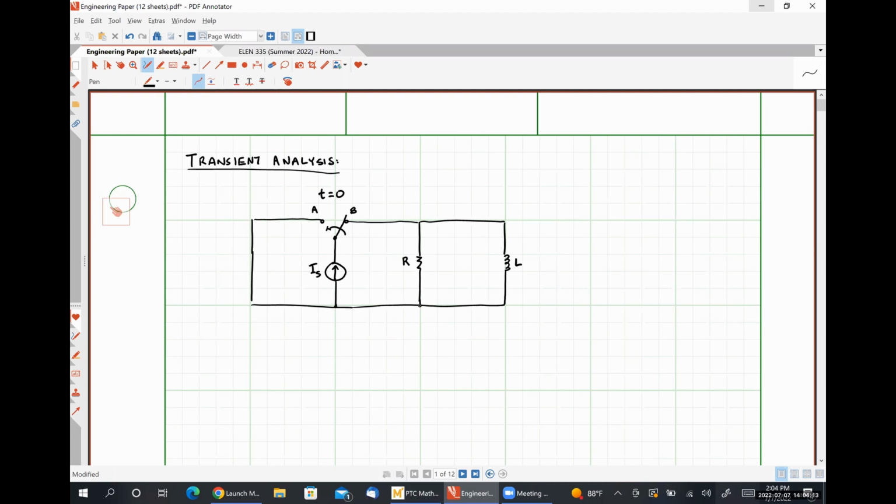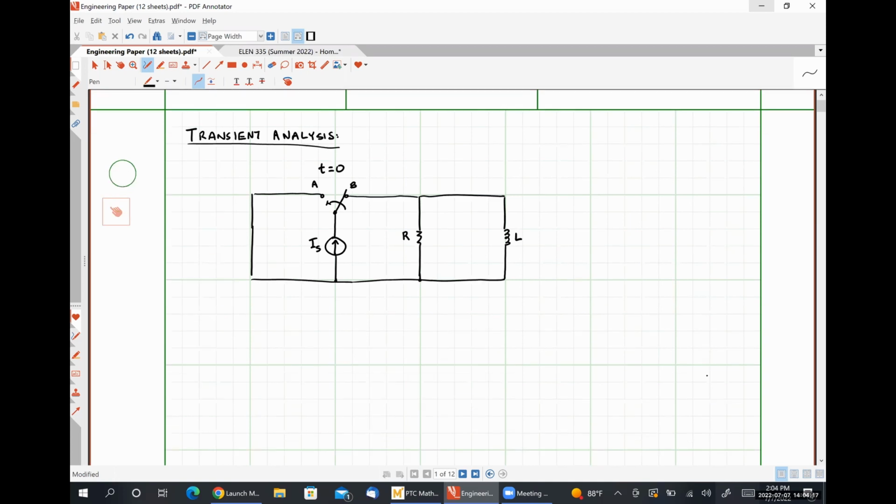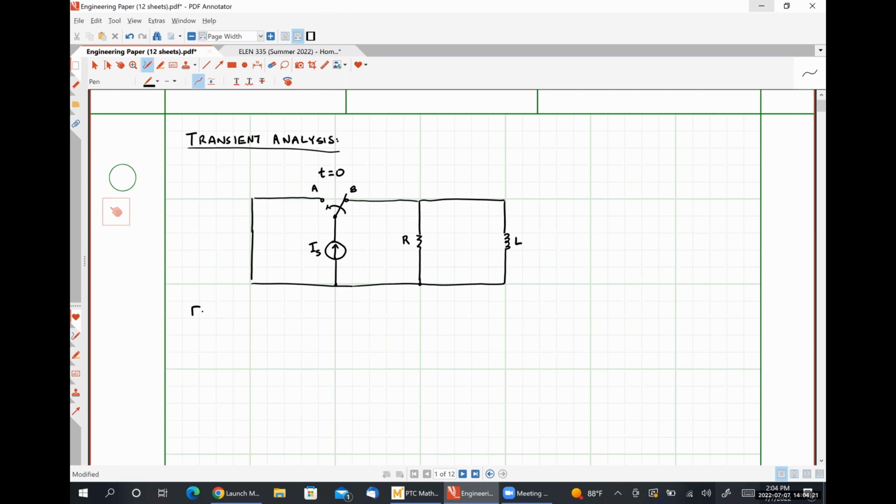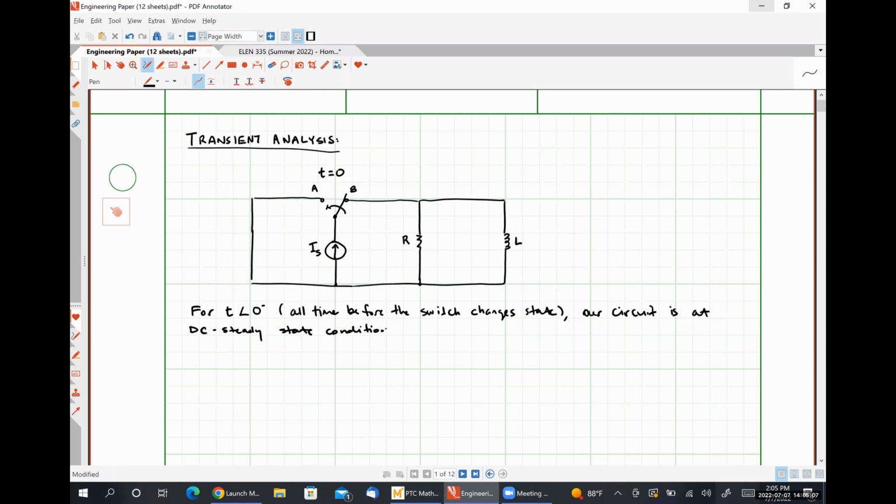So for t is less than 0 minus, which we'll say is all time before the switch changes state, our circuit is at what I'm going to call a DC steady state condition.